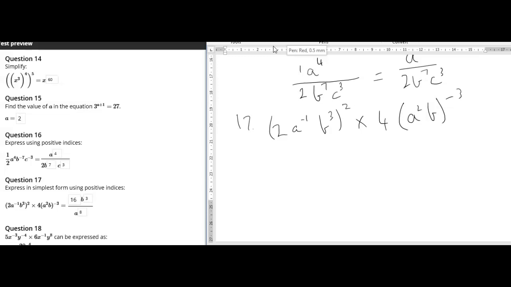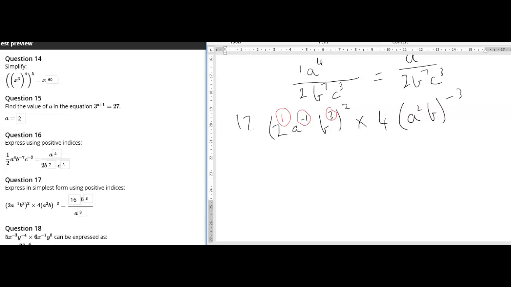Okay, so what I would do first, so we've got a to the negative 1 here, before making that a positive power, I'm just going to deal with this power out of the brackets. So this 2 means that this power is multiplied by 2, and this is multiplied by 2, but this 2, which is 2 to the power of 1, is also multiplied by 2.